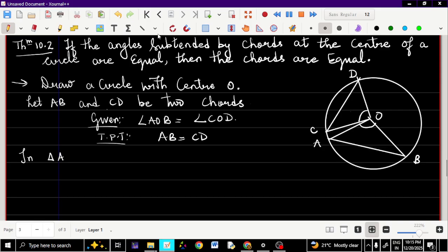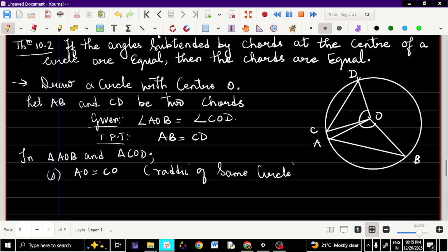So in triangle AOB and triangle COD, again AO is equal to CO, radii of the same circle. Then the angles are equal, angle AOB equals angle COD, that's given.